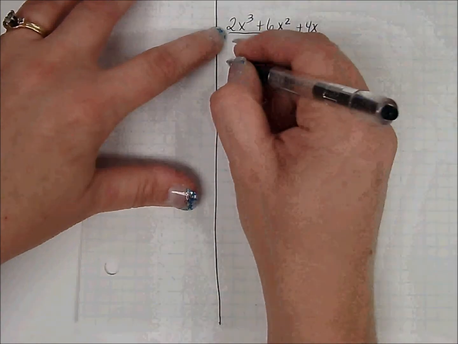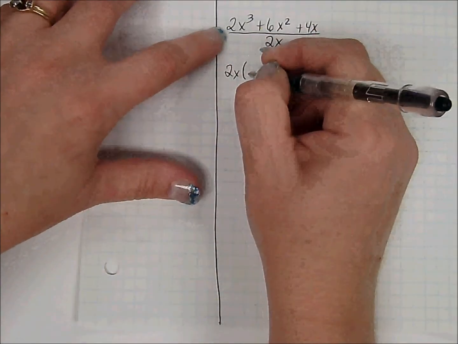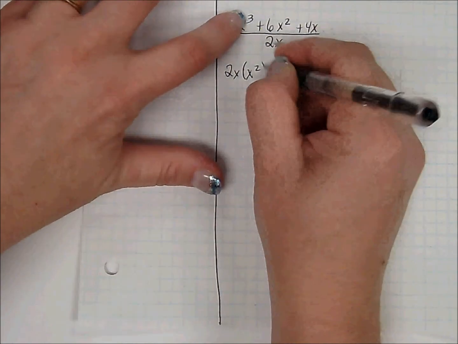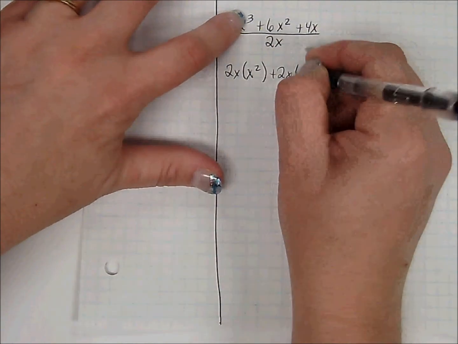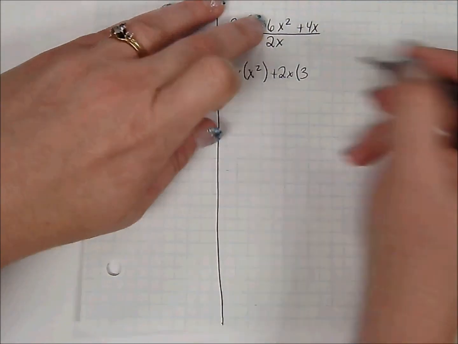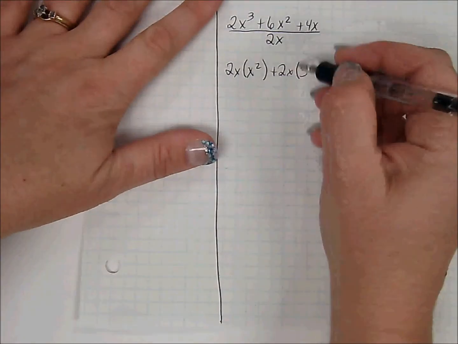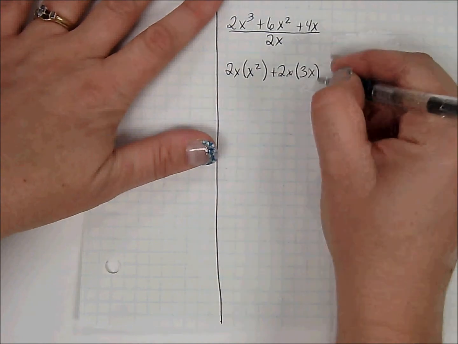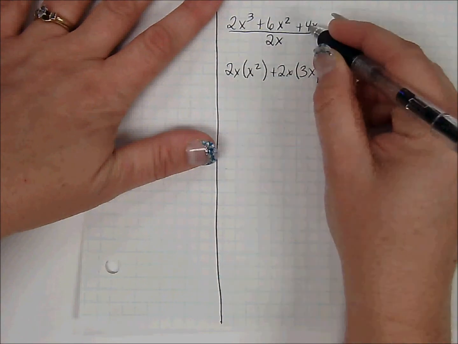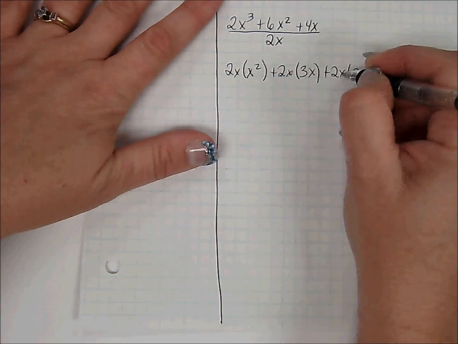So this is going to be 2x times, well, I got a 2 and 1x, I need 3 x's, so 2 more. Plus 2x times, I've got a 2 and I need a 6, so 2 times 3 is 6, x squared, and I've got 1x, so x. And then 2x times, 2 times 2 gives me 4, and I've already got the x.